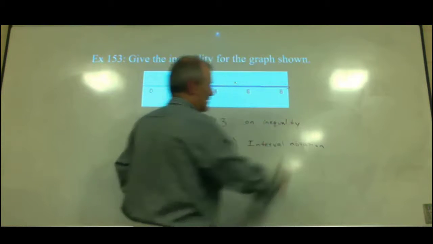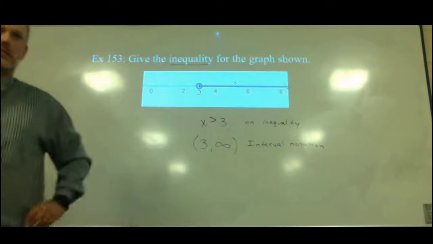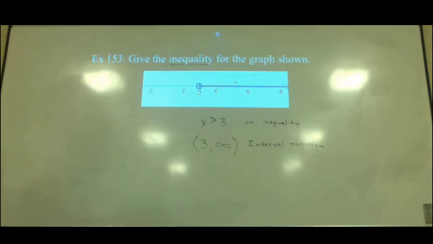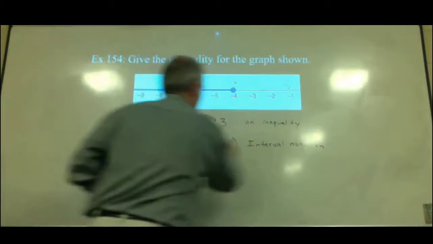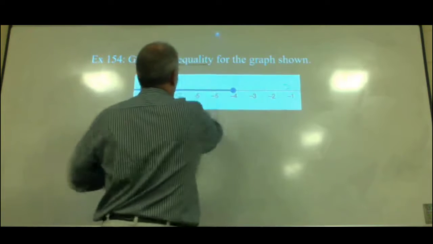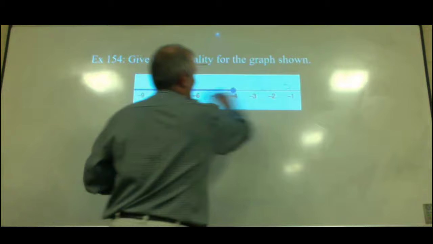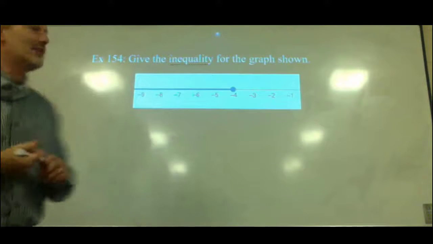In your homework, it'll say how they want you to write it. Okay, they're both actually inequalities. It's just two different ways of writing it. Will it take both answers on the homework? It depends on what it says. Like I said, I think it'll probably tell you which way to write it.